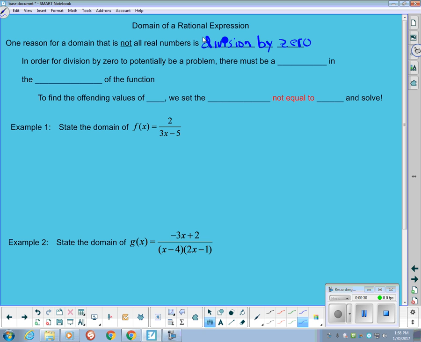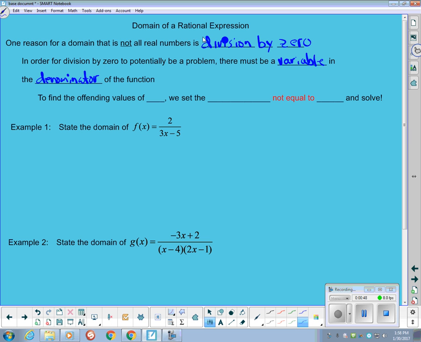In order for division by zero to potentially be a problem, there must be a variable in the denominator of the function.